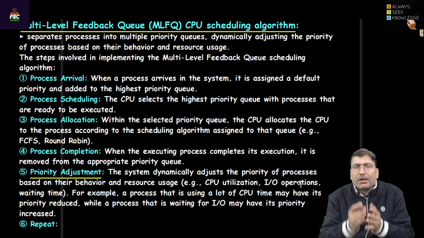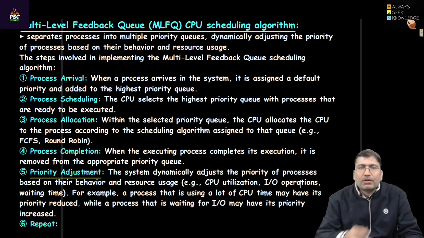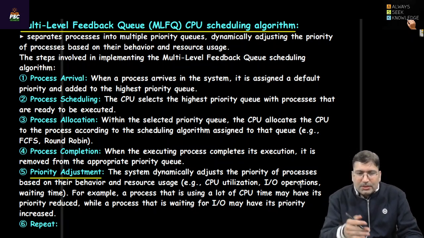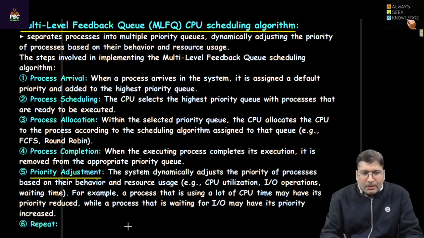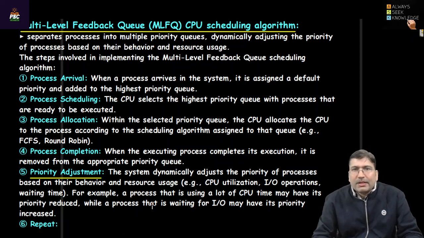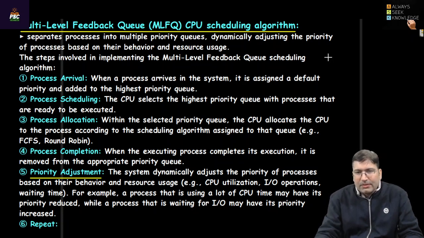Based on that, the priority can be incremented. So a process can be shifted from one level of queue to another level of queue. In this way, we can deal with starvation. Starvation will not happen in such a scenario, right? And this mechanism we consider as aging.